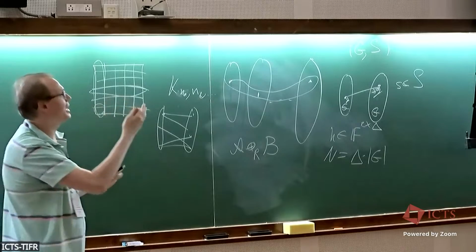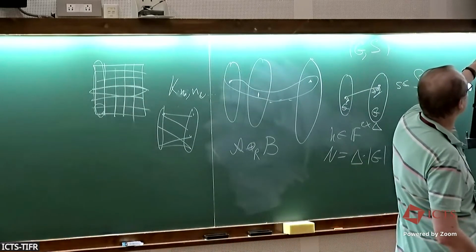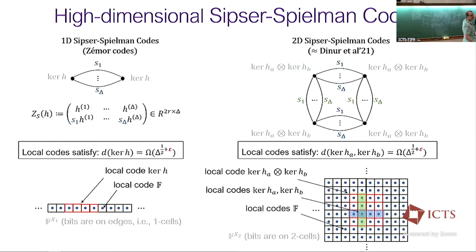If A and B are Zemor codes, defined by these parity check matrices, then this code that I showed you before the break is exactly this, so they are just equivalent to each other. It's a little bit different from what was in Dinur's paper because they do not have these four parts, but almost the same idea.